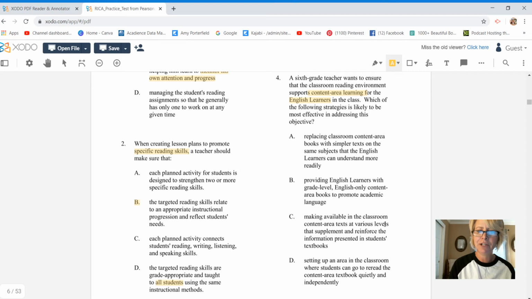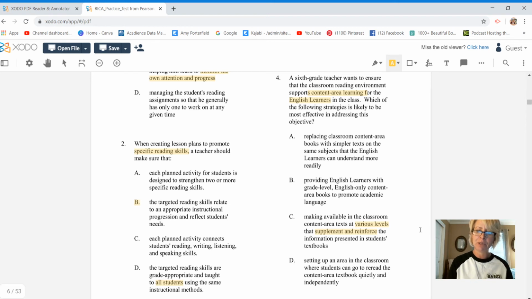C, making available in the classroom content area text at various levels that supplement and reinforce the information presented in the students' textbooks. Okay, I'm liking this one a lot. We've got various levels so everybody can get what they need. We're talking about supplementing and reinforcing, which is really good. We're not replacing anything. So far I'm liking this one.